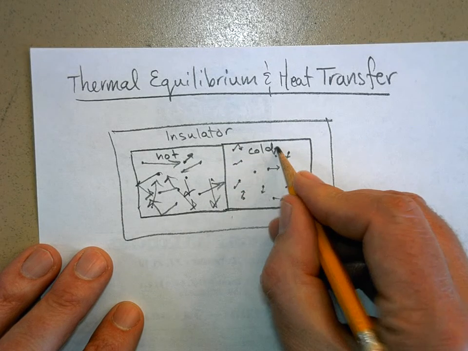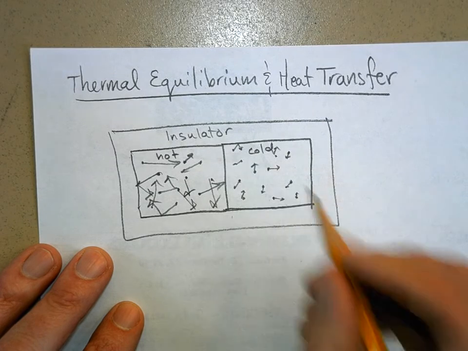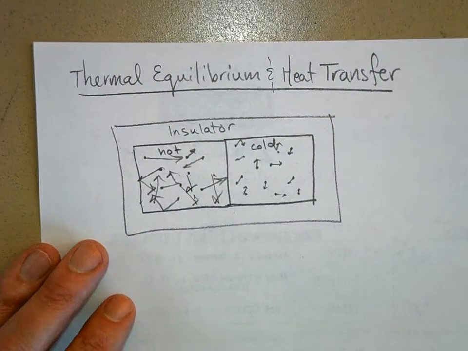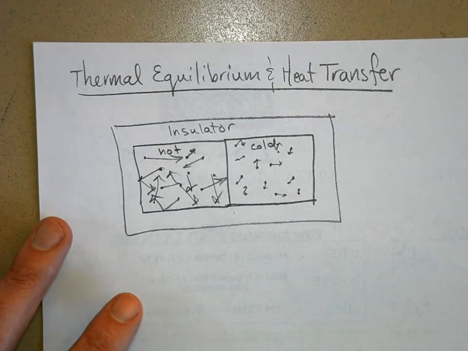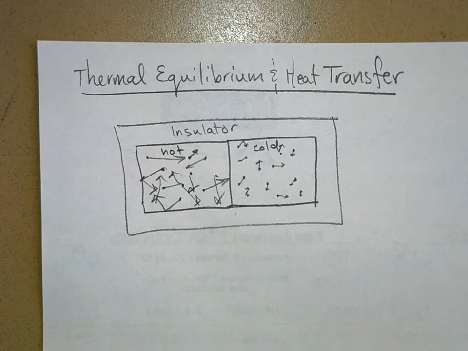This is the only difference between stuff that's hot and stuff that's cold: it's related to the average kinetic energy of the molecules in the material.